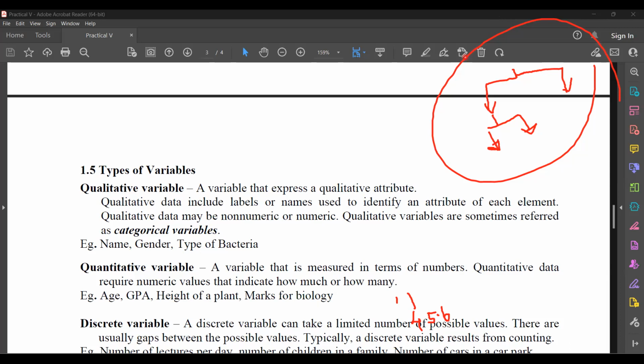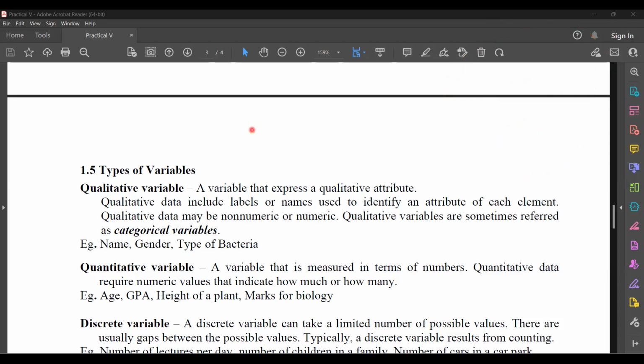Along with the variables, here we have to learn about levels of measurement. This is also important regarding variables. For each variable we can identify the level of measurement.